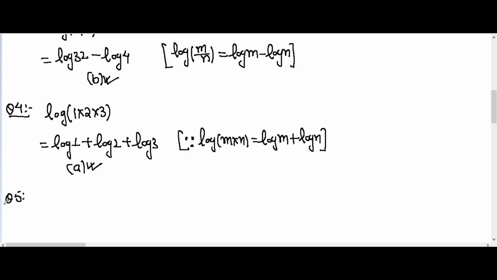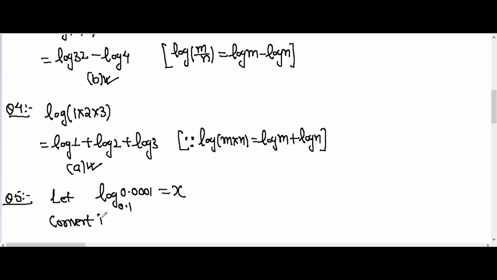Question number 5. The next, fifth problem is the value of log of 0.0001 at the base of 0.1. As in question number 2, let log of 0.0001 at the base of 0.1 be equal to x. We consider the same as in question number 2.